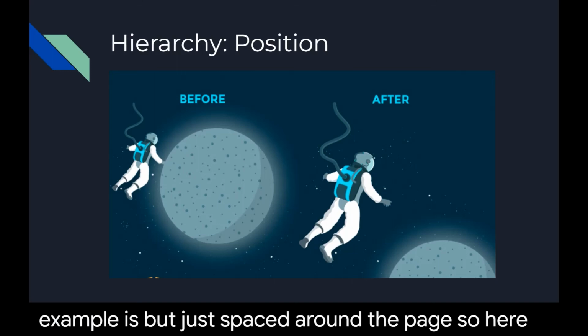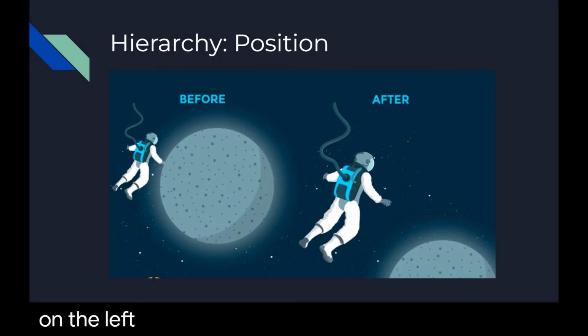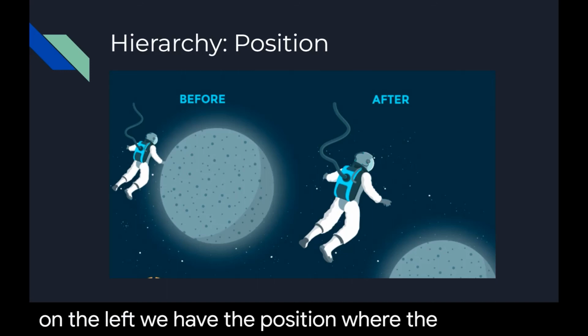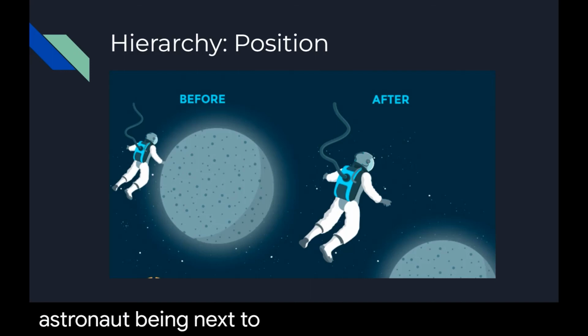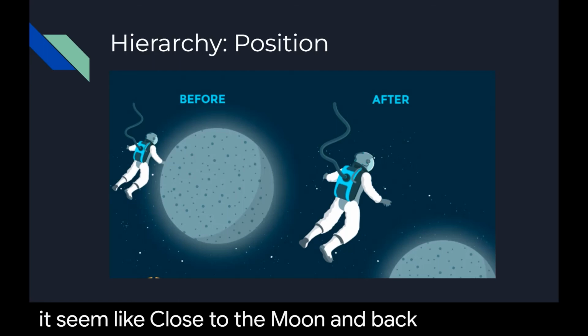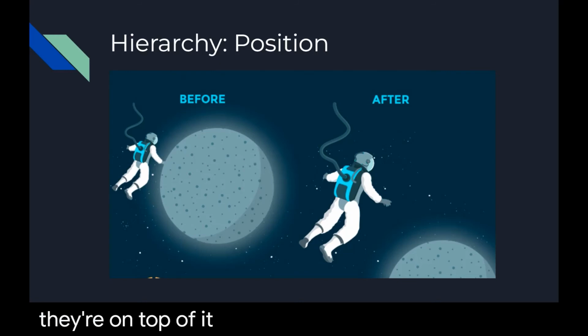So here on the left, we have the position where, because of the astronaut being next to the moon-like object, it makes it seem like that he or she is very close to the moon. In fact, it's almost like they're on top of it. But the position feels odd to the viewer because there doesn't seem to be much space around them.